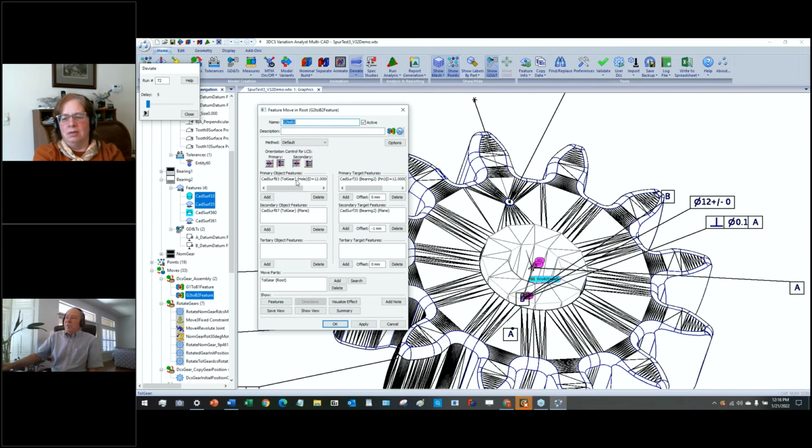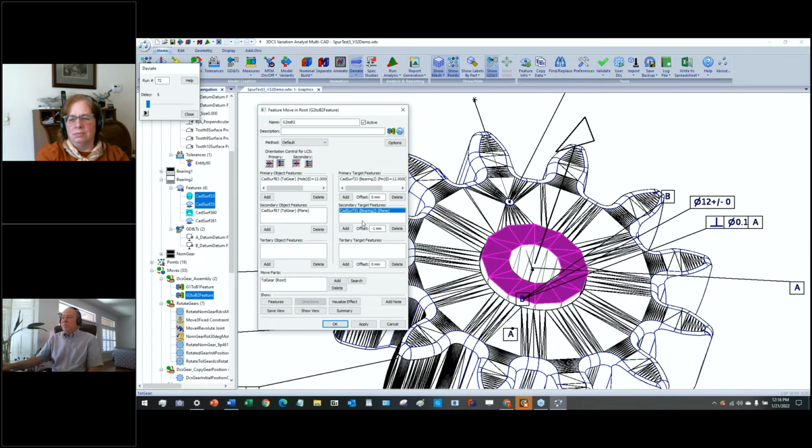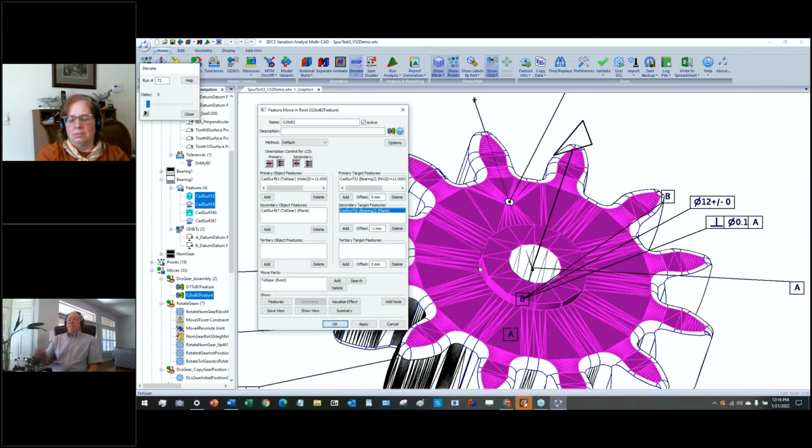So the way this works is the gear bore is moved to the bearing surface. So the GD&T order is not really affecting this. That's just to put in the tolerances, but the moves are separate. And then the flat is moved to the other flat, and there's an offset because the bearing is offset from the flat.